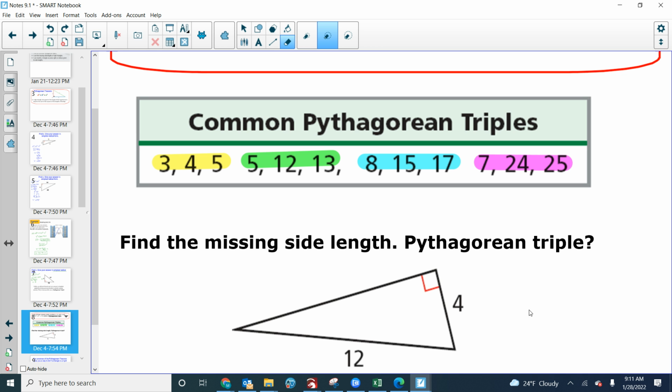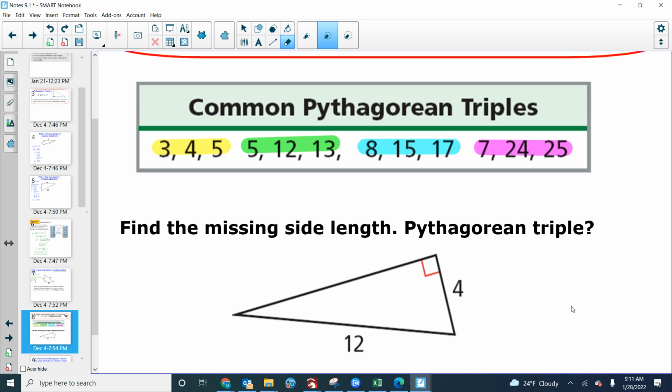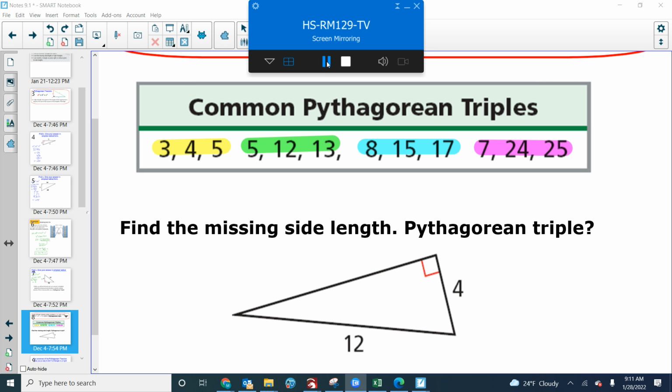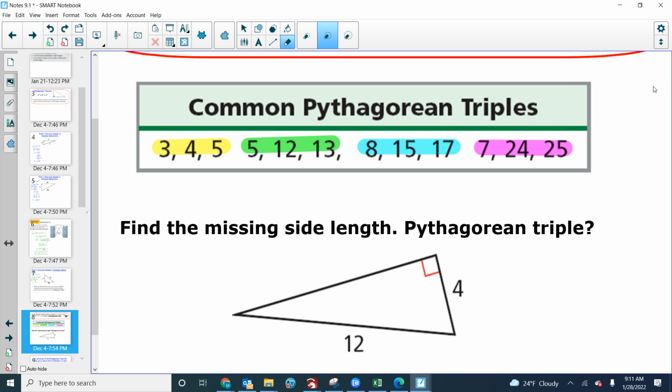All right, if you're done copying that down, do this one down here. Find the missing side and determine whether that triangle is a Pythagorean triple. Again, if you're done copying the notes, try this next one.